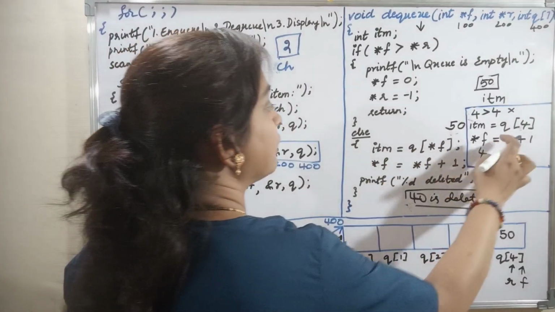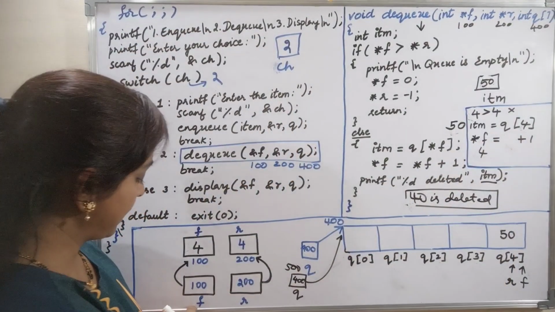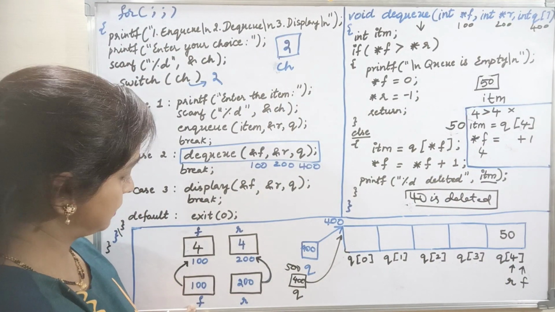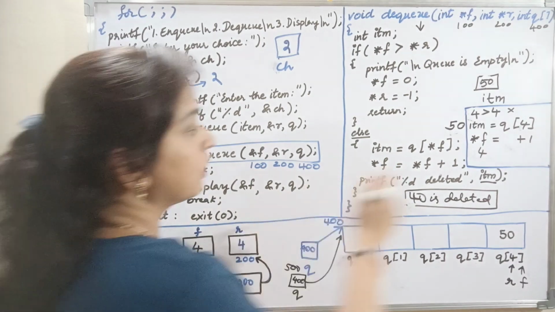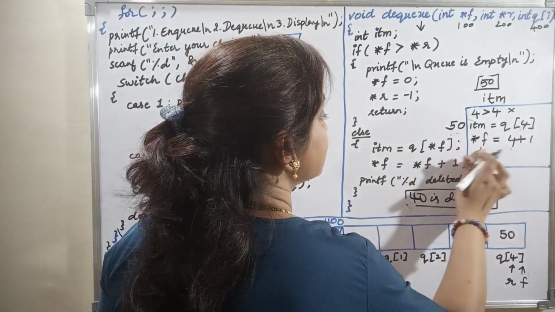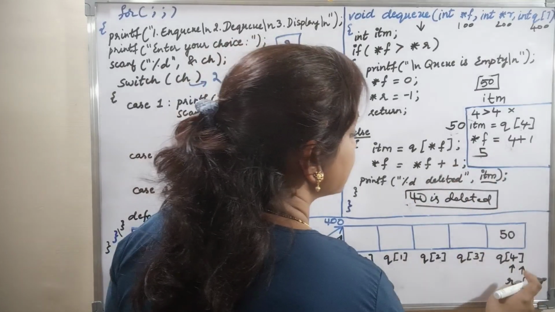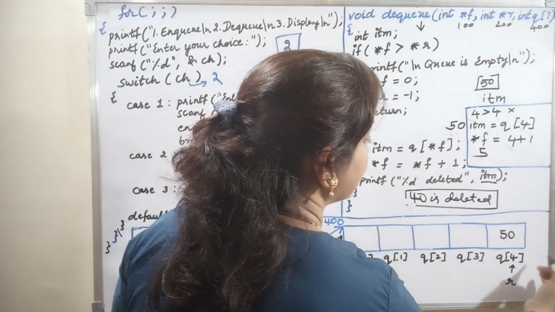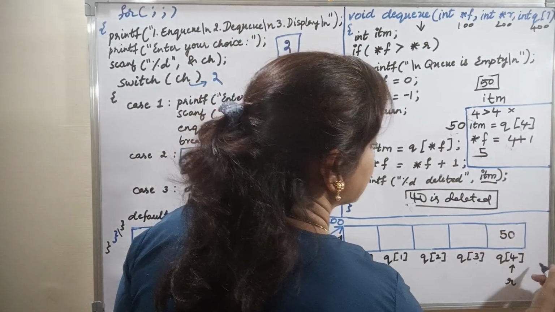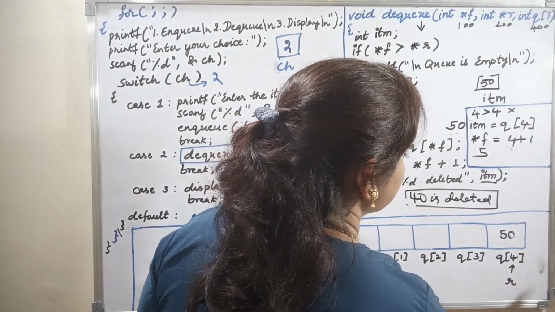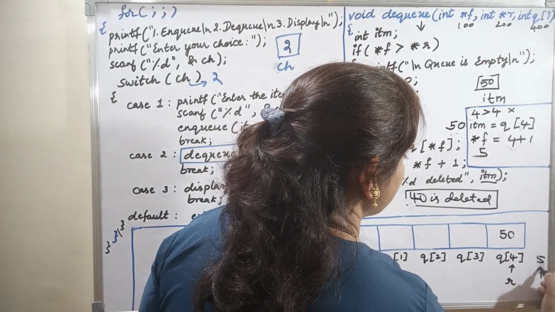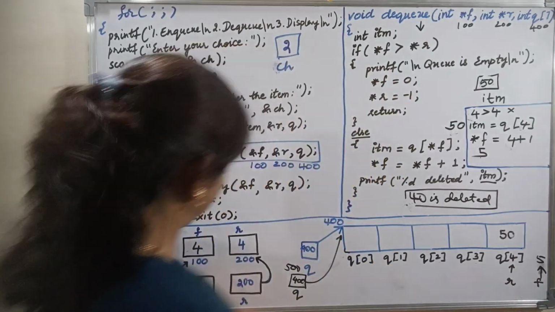Now pointer F equal to pointer F plus 1. F, it is 100. Pointer F means value at the location 100, it is 4. 4 plus 1, it is 5. Now it is beyond the array bound, right? So it is here somewhere else. If I just have the index position, it is 5 means it will be pointing here.